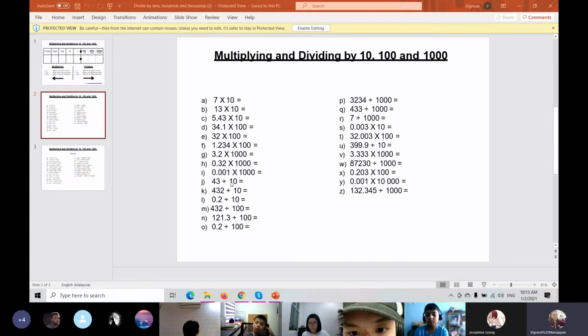Just tell me the answer. 2.10? Wrong. Check again. Move one decimal place to your left. Try to move one decimal place to your left. 0.2 divide 10.